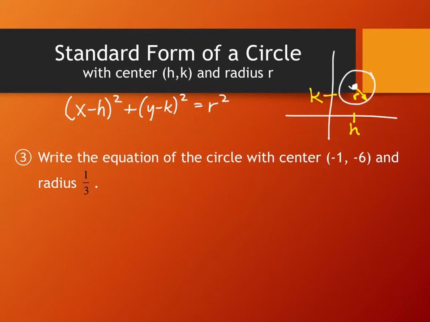Let me shift it up a little bit so that I'm not hitting an axis. So if you're looking at that distance right there in yellow, that's the r.